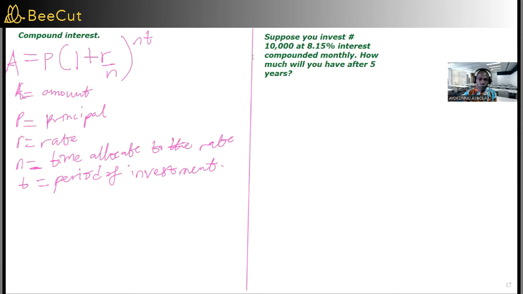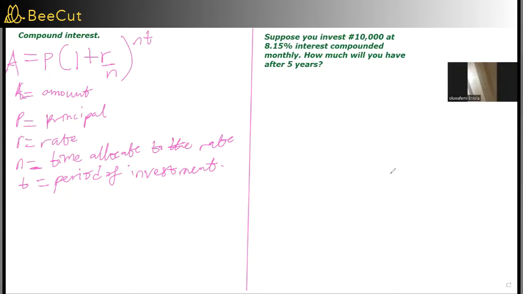So here now, we need to identify some of the terms that we have. The 10,000 naira now is the principal. And this is the rate from the formula now.